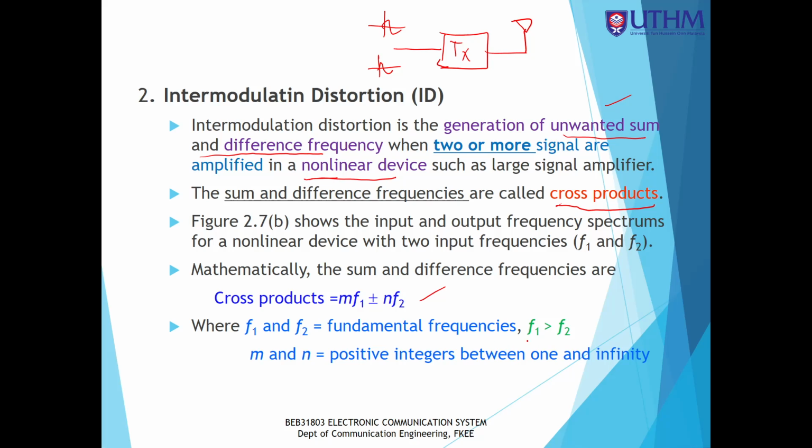So F1 is larger than F2, supaya kamu tak dapat nilai negatif. Kalau negative frequency itu dah konsep yang lain. So this is the cross product. Kalau ditanya apakah itu cross product, you have to do the mathematical calculations for mF1 plus minus nF2. Macam mana contohnya ada diterangkan dalam example berikut.